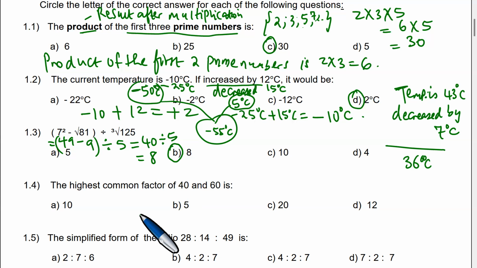The highest common factor of 40 and 60 is what? You done, Lindsay?